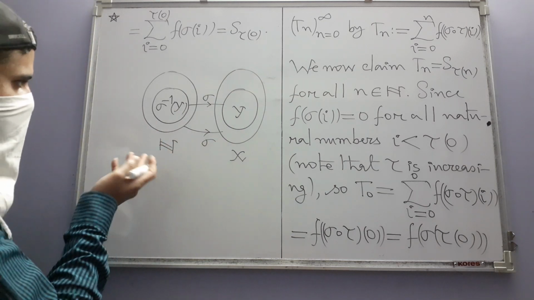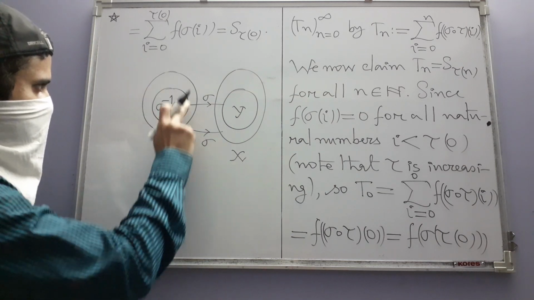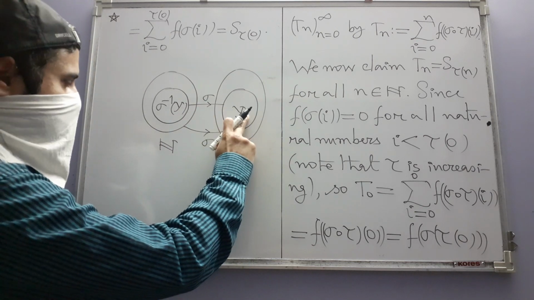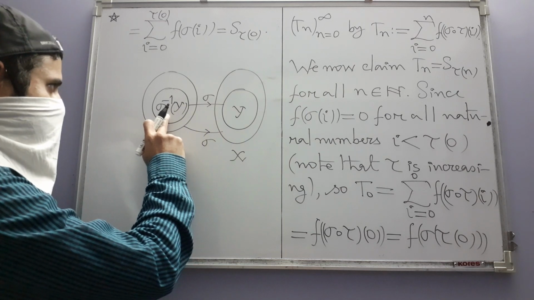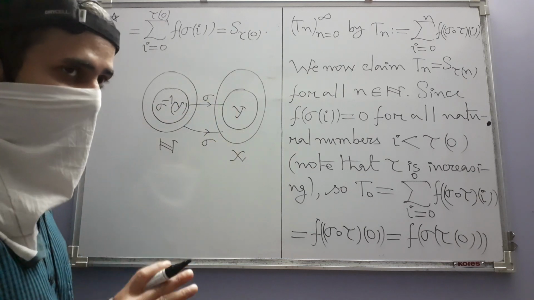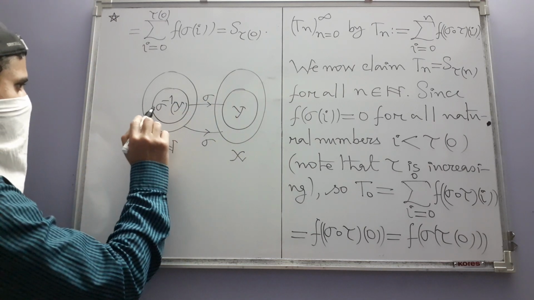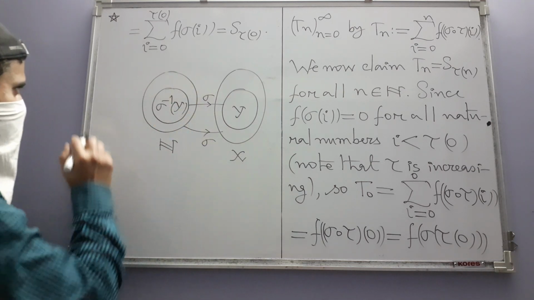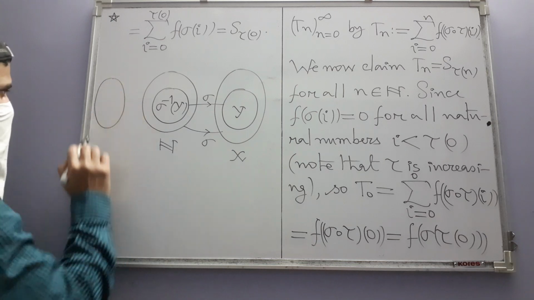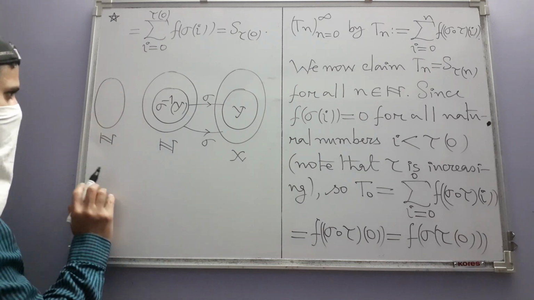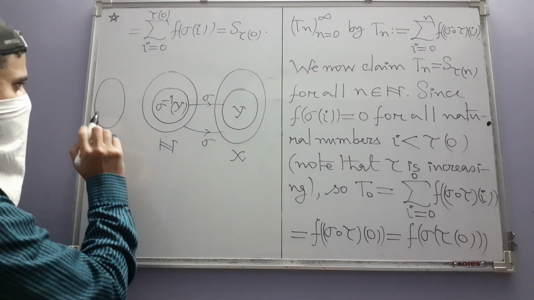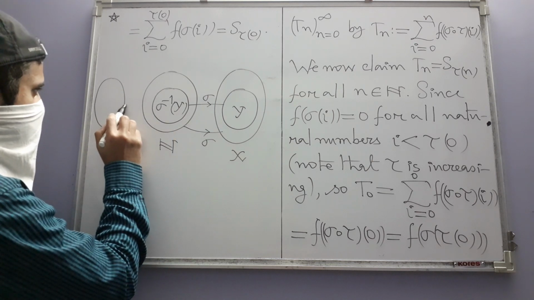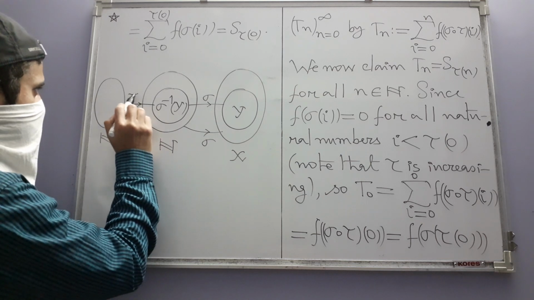And you can now see in the figure clearly that this is a subset of n. But because y is countable, so this is also countable due to them being of the same cardinality, there would be a bijection between this and n again. For that, we draw another copy of n, and that bijection between n and sigma inverse of y is our tau.